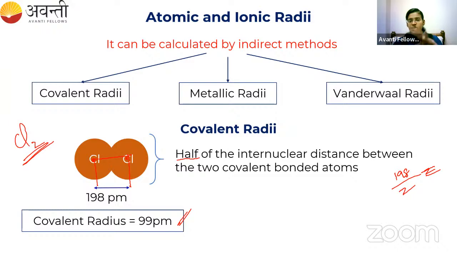That instrument will be connected to the system, and the system will give us the values by doing the experiment. Got it, Varalakshmi? So we don't measure using a scale, tape or ruler. We have instruments to measure the internuclear distance, and from that we calculate the covalent radius by taking half of it. Got it?